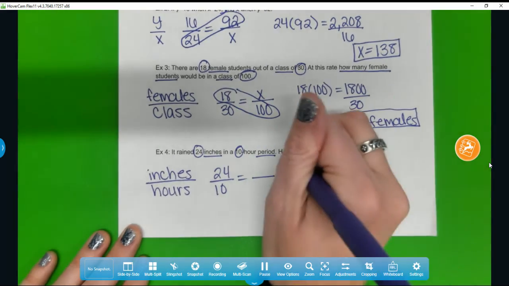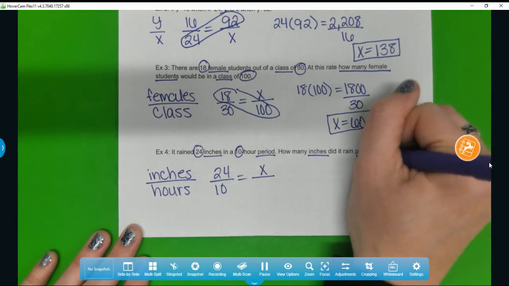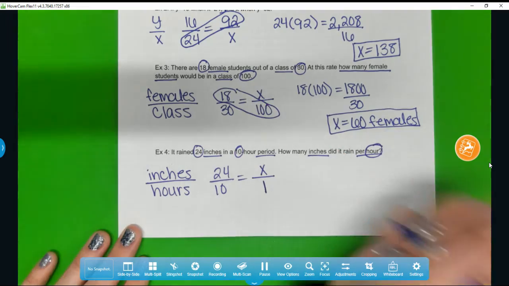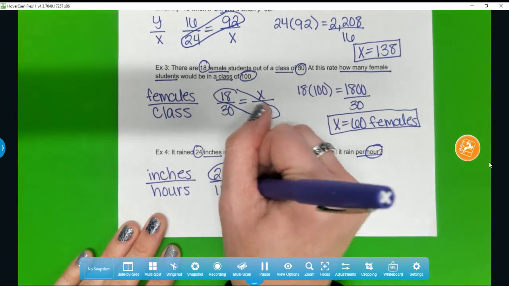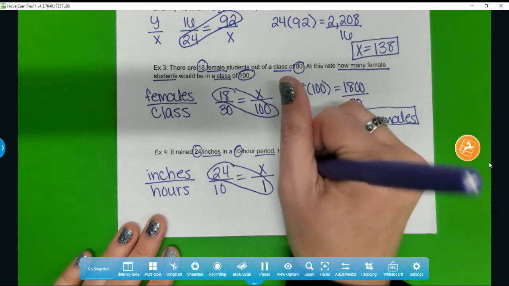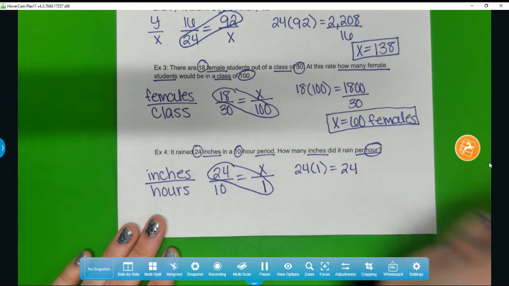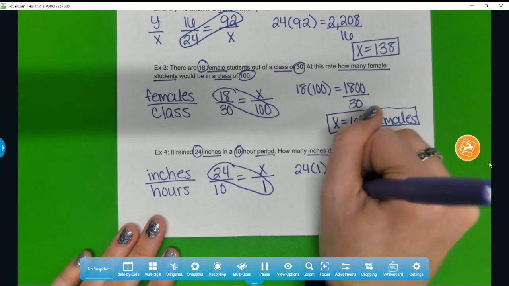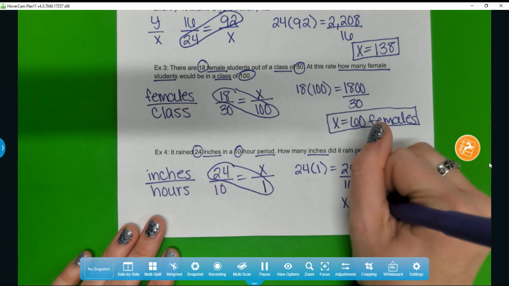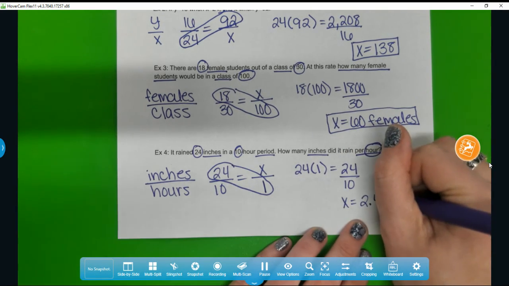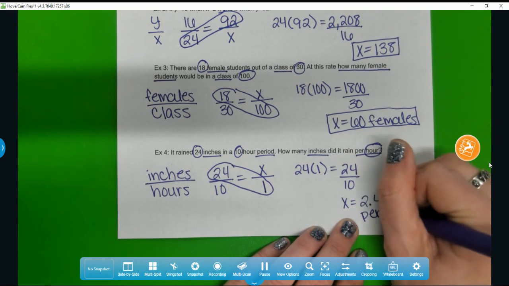So we're looking for how many inches, so that's going to be our x, per hour. So we just want 1 hour. So I'm going to cross multiply what I know. So 24 times 1, which is 24, divide by what's left. So x would be 2.4 inches per hour.